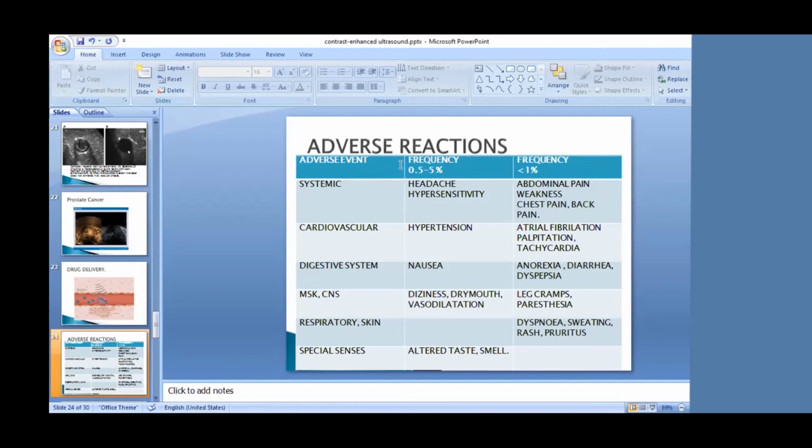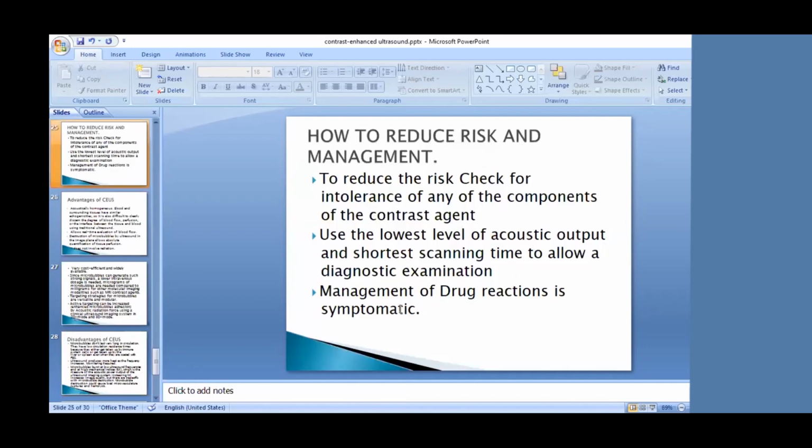The high frequency ones, according to the system, could be cardiovascular, digestive, musculoskeletal, central, respiratory, and special sense. And we also divided the less frequent ones according to the systems. So these are the side effects that can happen with the contrast agent.